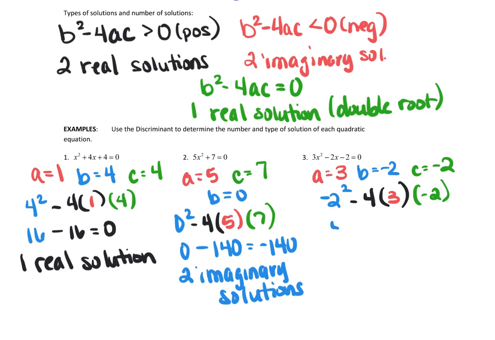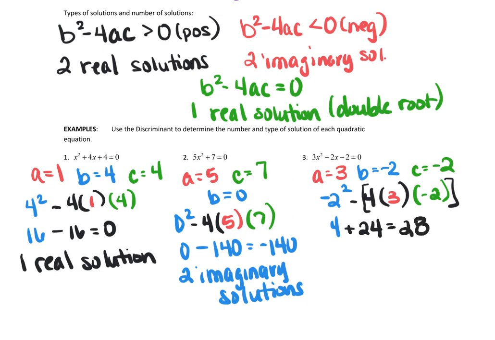Negative 2 squared is 4. And remember, you're going to work all this stuff first right here. So that's 4 times 3 is 12, times a negative 2 is a negative 24. Then you have this minus right here sitting in the front, so it'll make it a positive 24. So this is equal to 28.